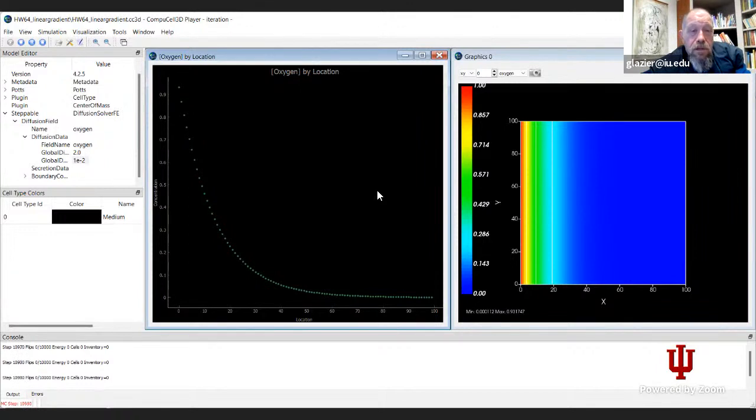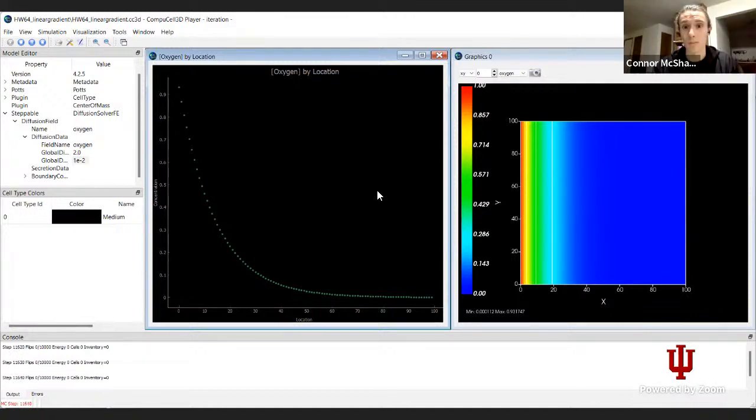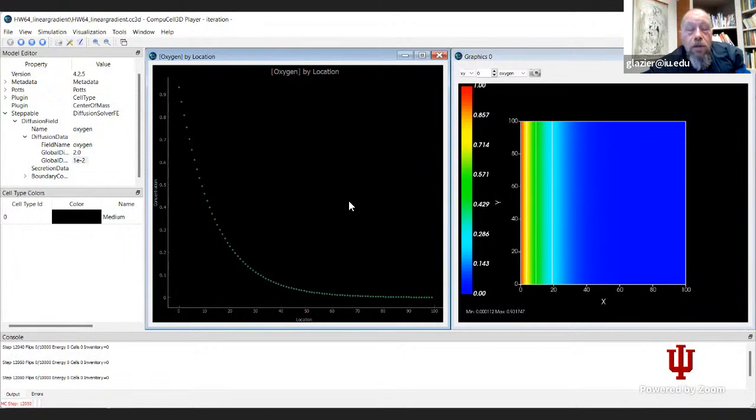What happens at equilibration time? Should equilibrate faster, right? Equilibration time was 1 over the decay constant. So if I make the diffusion constant and the decay constant bigger, it equilibrates faster, but I get the same final result.